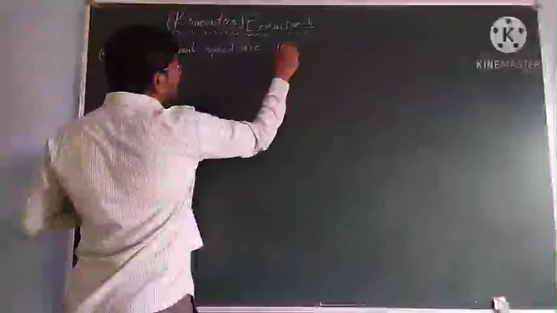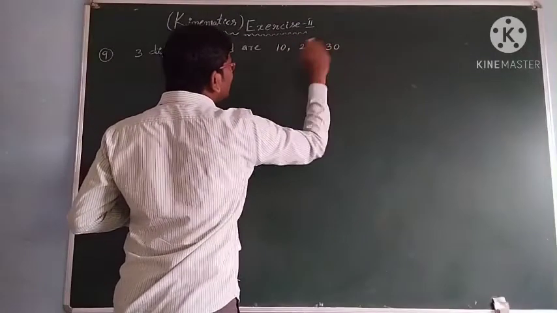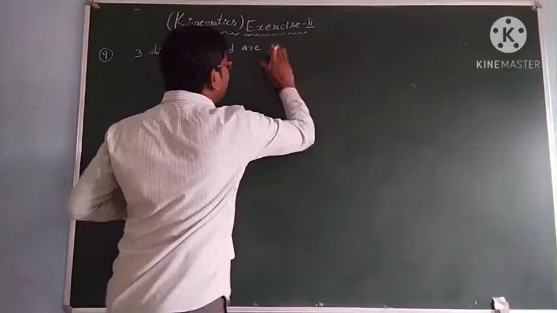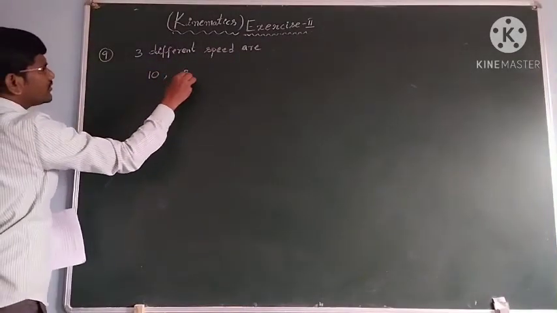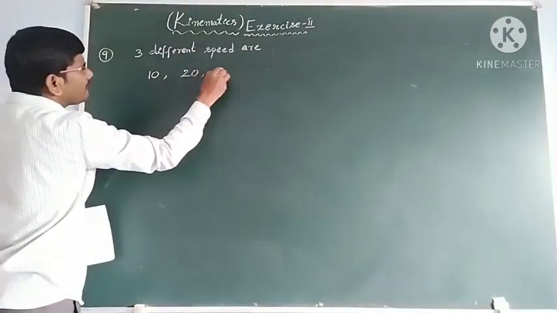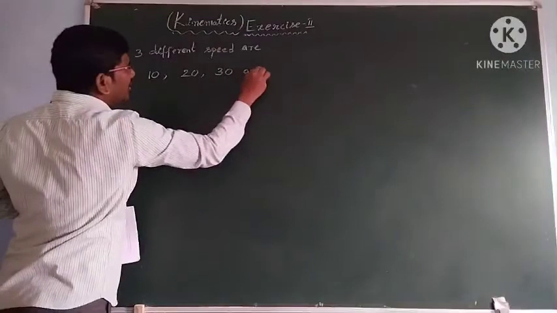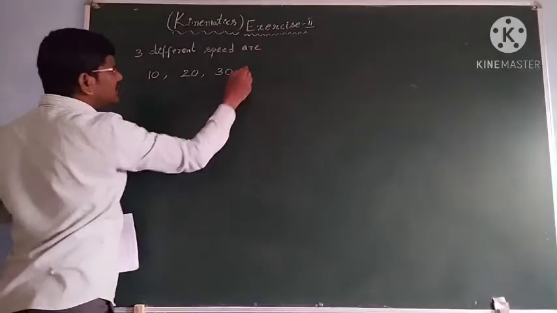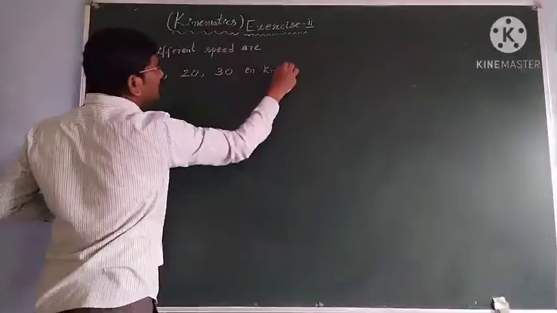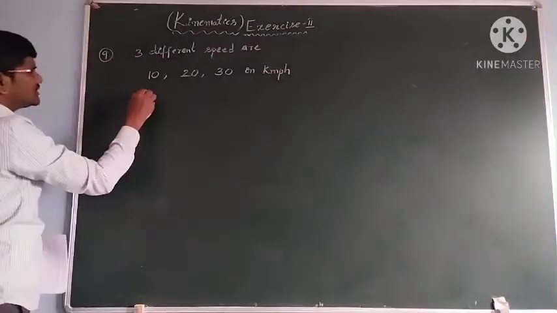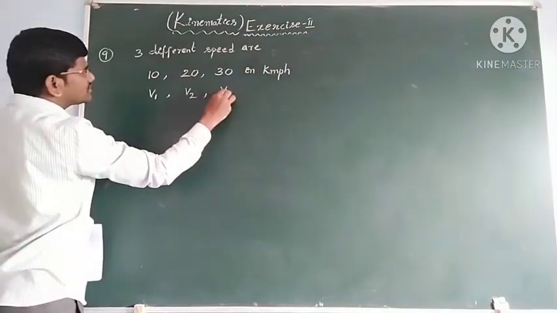That is 10, 20, 30 kmph, in kilometers per hour. This is called V1, this is called V2, this is called V3.